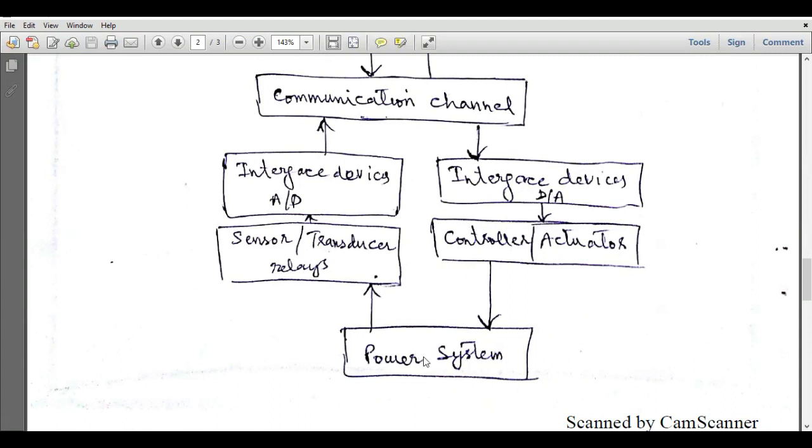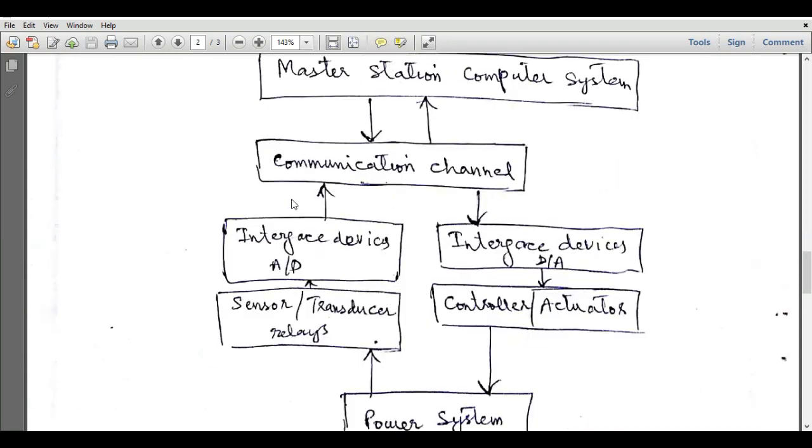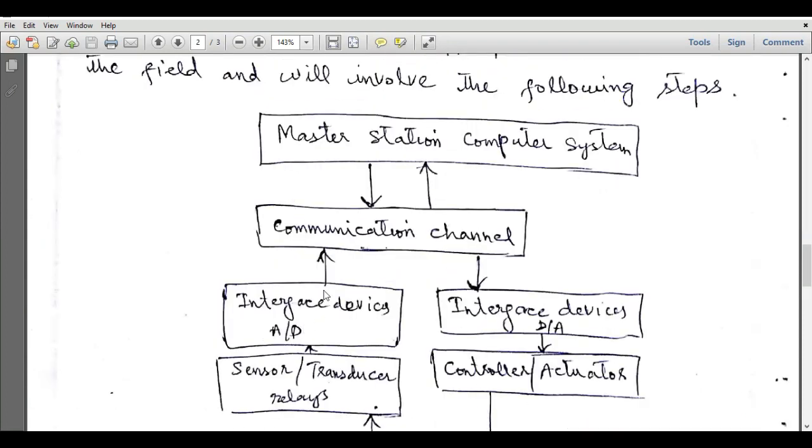And similarly for monitoring, the data from the power system is actually analog data, for example, temperature, pressure, humidity, and so on. That data is sensed by the sensors and transducer relays, and that analog data will be converted to digital form, and that digital data is transmitted through the communication channel, which will take the data to the master station computer system.